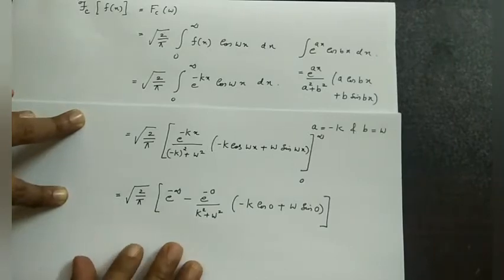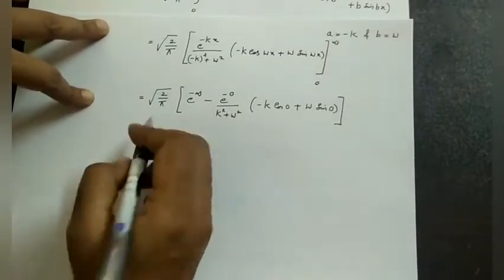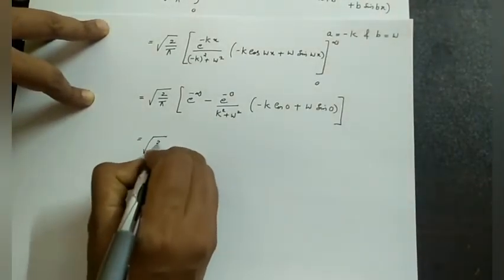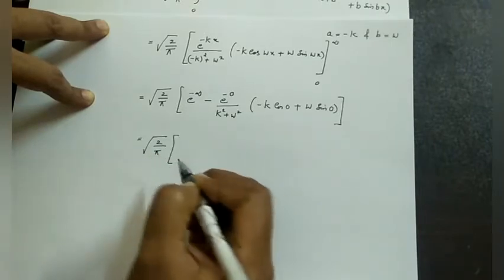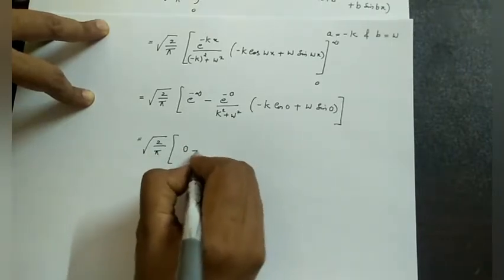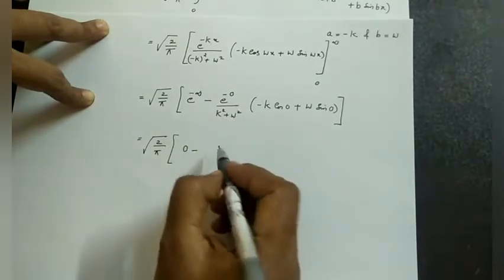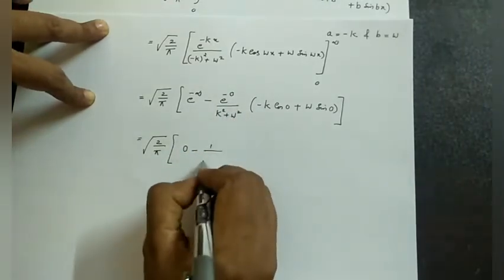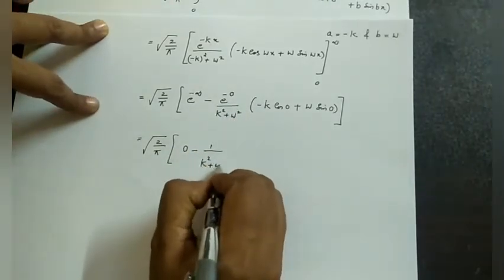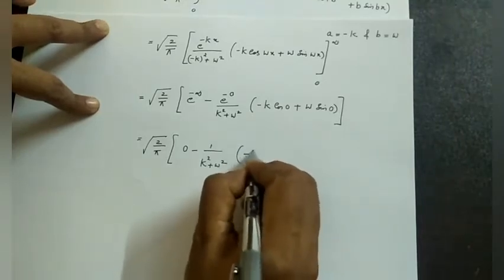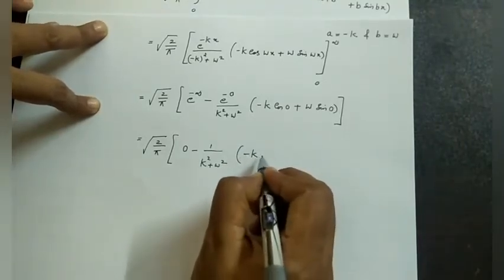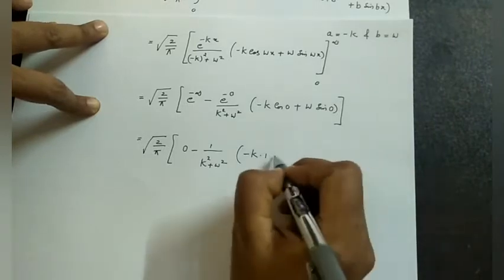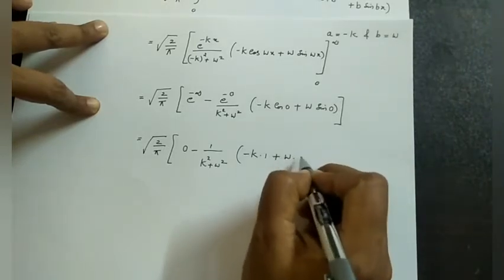Now we have square root of 2 by pi into e raised to minus infinity is 0, that we already know. E raised to minus 0 is 1, minus 1 by k square plus omega square into minus k into cos 0 is 1. Therefore minus k into 1 plus omega into sin 0 is 0.